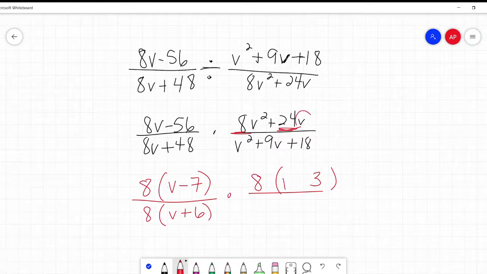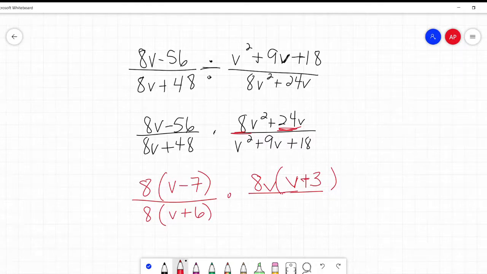What goes into v and v squared? Just a v. Kind of like when we're canceling top and bottom, you use the lower number. So v and v squared, I can pull out 1v. And I'm leaving behind a v and no v. So 1v, that looks like a Roman numeral 4. I'm going to get rid of that 1 because it's an understood 1. Left with v plus 3 on the inside of the parentheses.